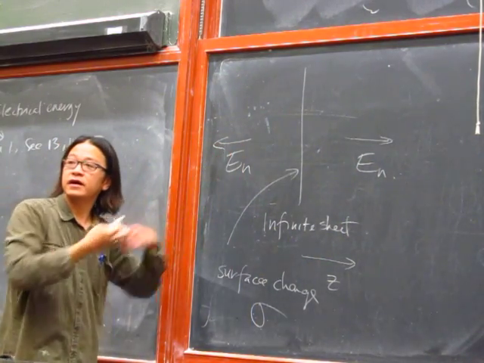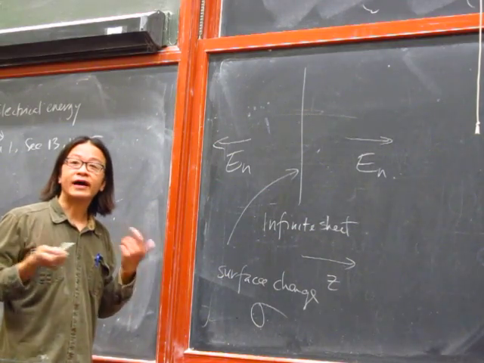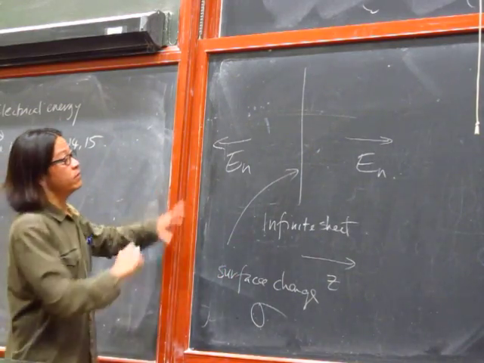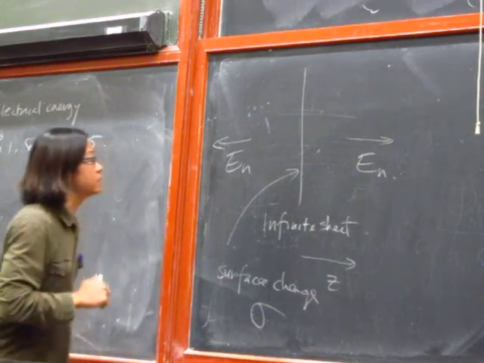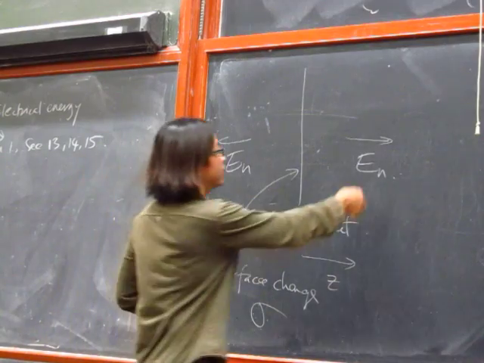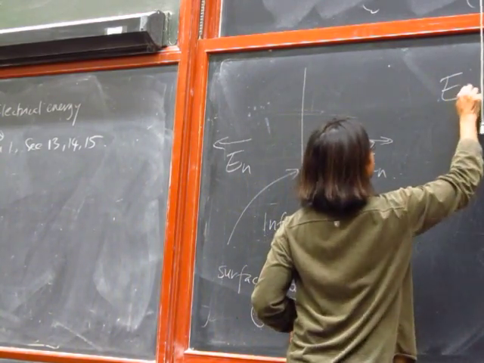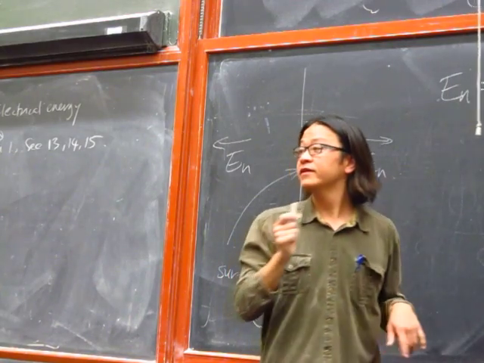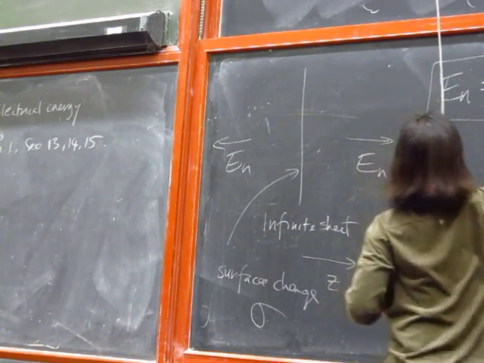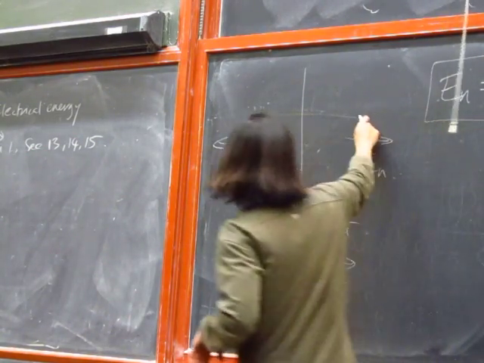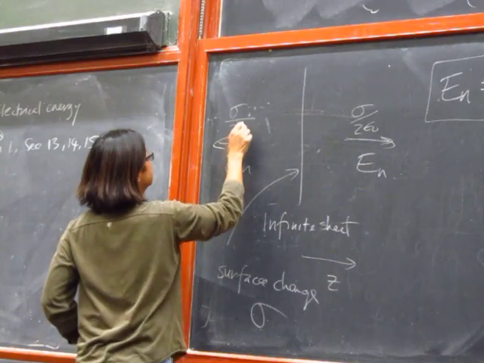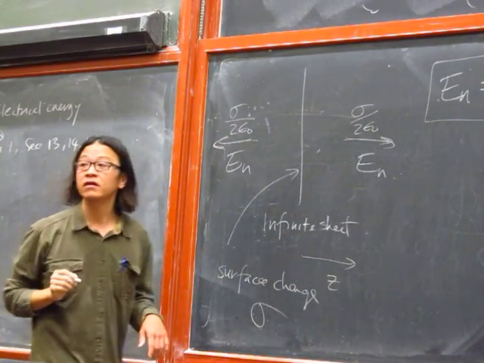If you're not familiar with this argument about symmetry, you can ask me after class, or at office hour or discussion, and we can go through it again. It's kind of subtle, but we did it last week. Applying Gauss's law gives En equal to sigma over 2 epsilon naught here, pointing in that direction, and sigma over 2 epsilon naught pointing in this direction.